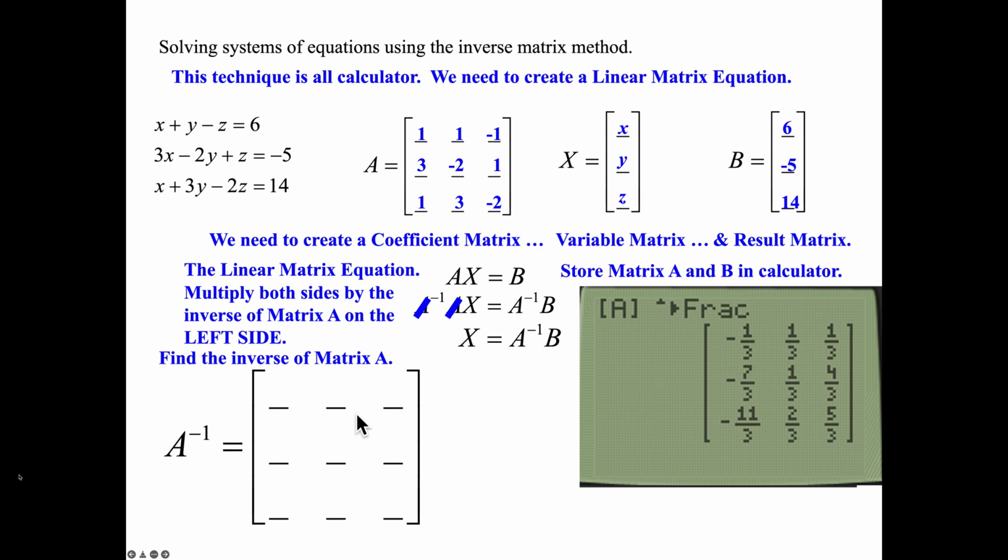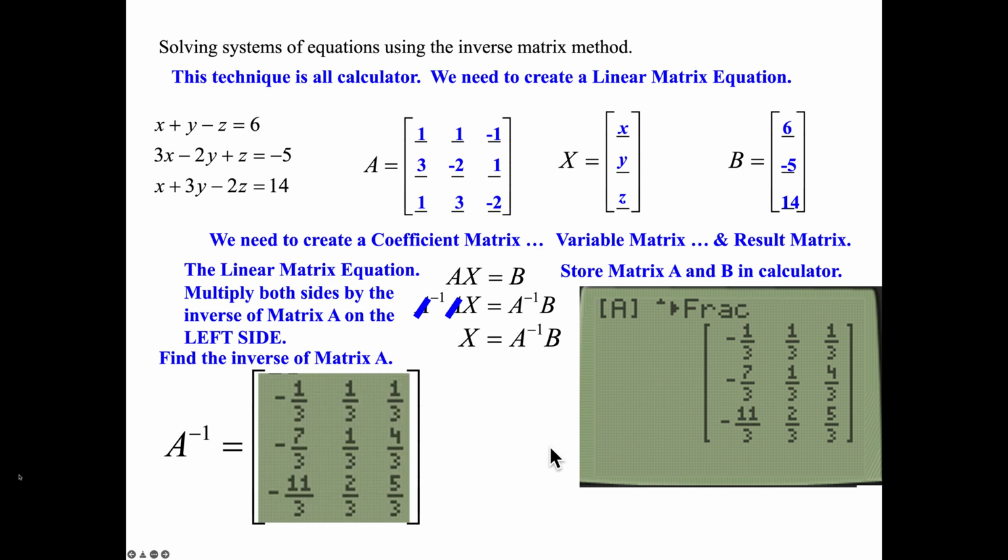Type in 1/3, copy it, and go to every text box and paste it with Control V. Then just alter the signs or the numerator. So that 1/3, now make it a negative 1/3. Make this one negative 7/3. 1/3. Make this 4/3. Negative 11/3. Change the numerator to a 2 and a 5 and you're in business. Okay, I'm just going to copy my screenshot.